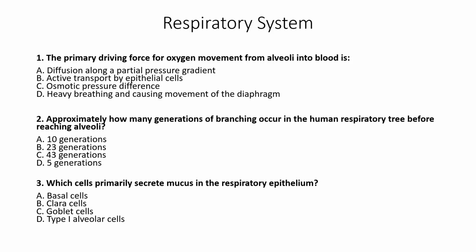So the correct answer here is option C. It's goblet cells. Goblet cells are in general known for secreting mucus, not only in the respiratory system but in other systems as well.